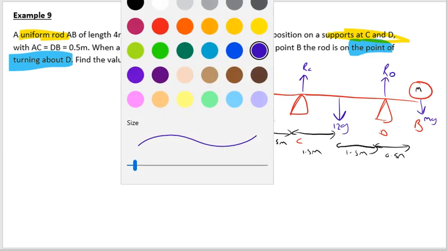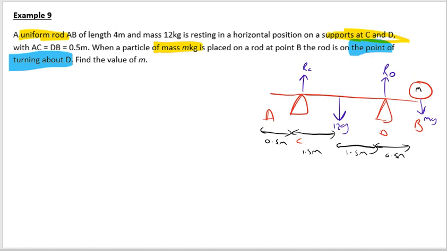And the key here is on the point of tilting. I think this is the only one at the moment in the notes that's quite like this. So basically it means we have to take moments around the point it's talking about, so it has to be moments about D. If we take moments about D, it's going to tilt at this point here.